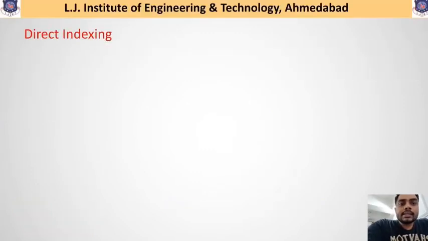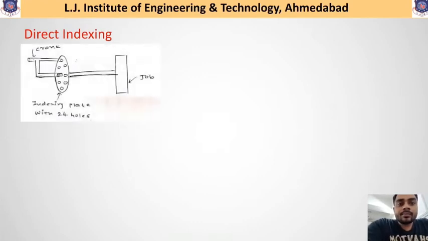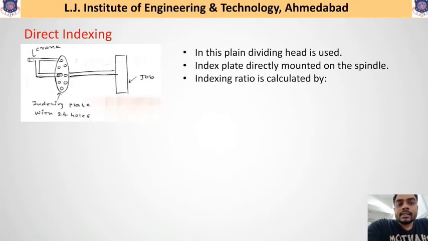To understand direct indexing, let us have a look at this figure. As you may remember, this figure is similar to that of the plain dividing head. In the direct indexing method, the plain dividing head is used, and the index plate is directly mounted on the spindle.